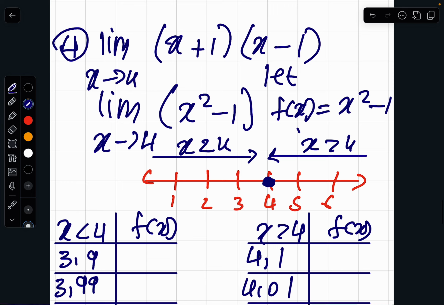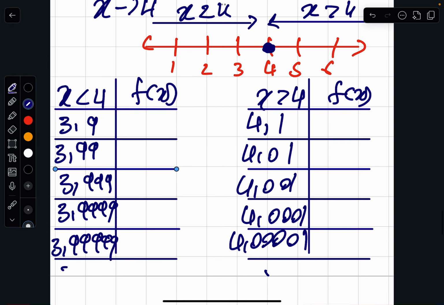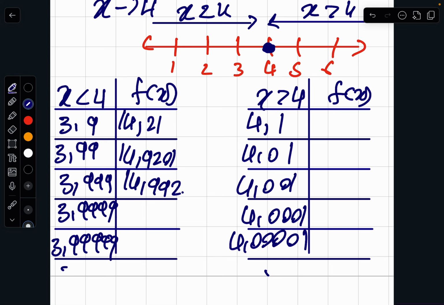Understand? So let's start. Meaning we're going to have 3.9 all squared minus 1, which is going to give me what? Sorry, it's going to be 14.21. The other one is what? 14.9201. The other one is what? 14.992001.